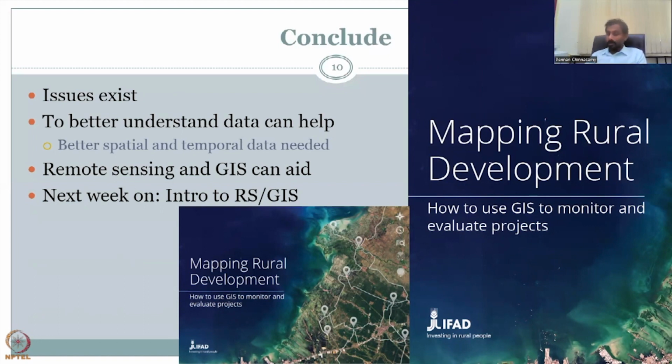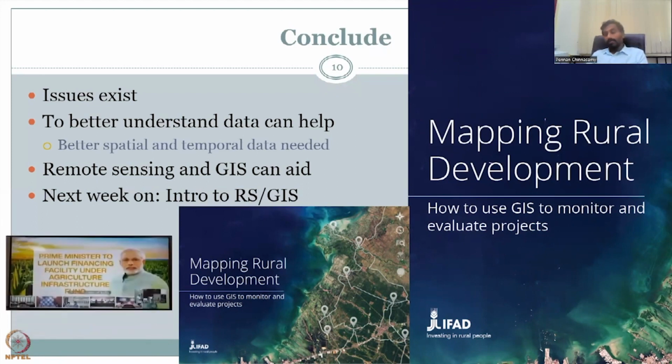And there have been a lot of books like this, on mapping rural development, how to use GIS to monitor and evaluate projects. So this is a key takeaway from this whole course, how you could contribute to India's growth, how can you contribute to India's ministry schemes, and also these kind of big projects that are occurring in India.